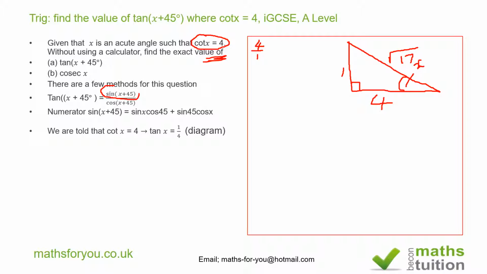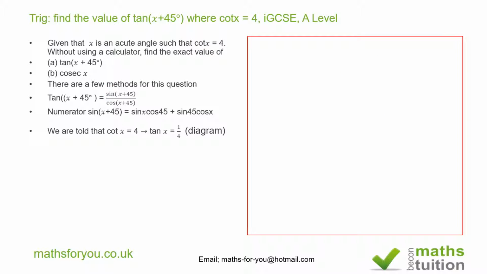Now, while we're still here, over here I've got 45 degrees. What comes to mind is to draw a right angle isosceles triangle. In that case, this angle is 90 degrees.